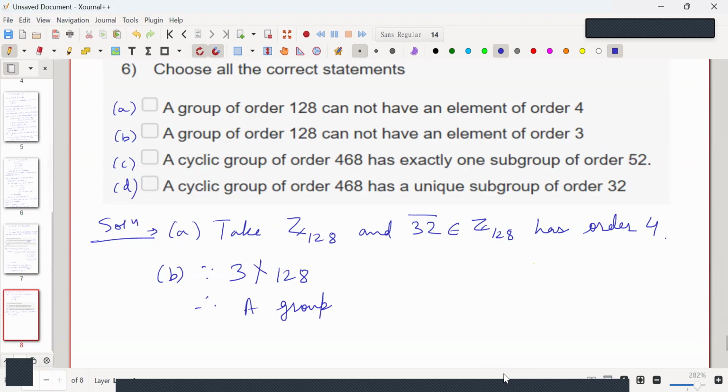So this is due to what theorem? Lagrange's theorem.